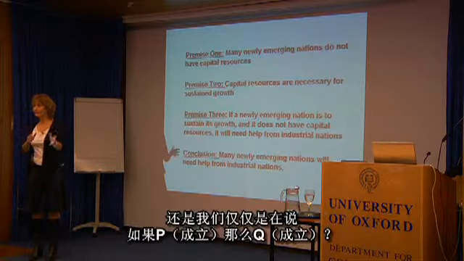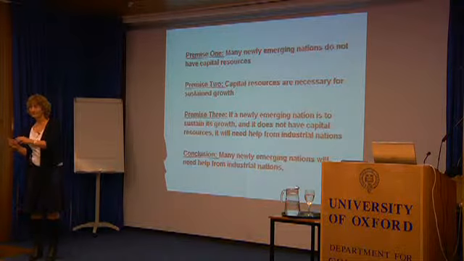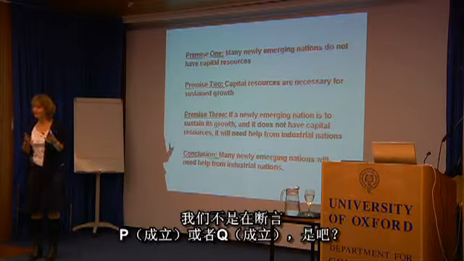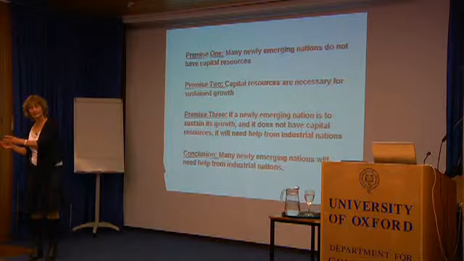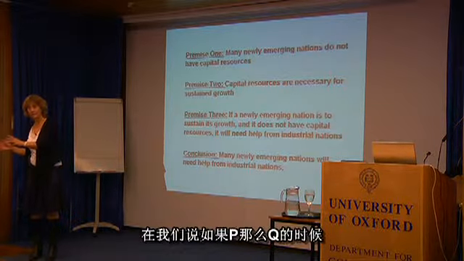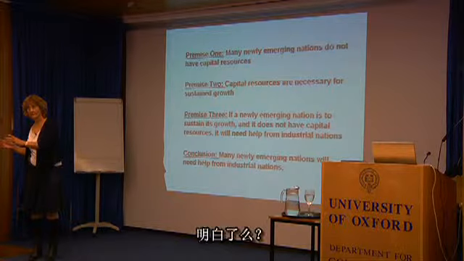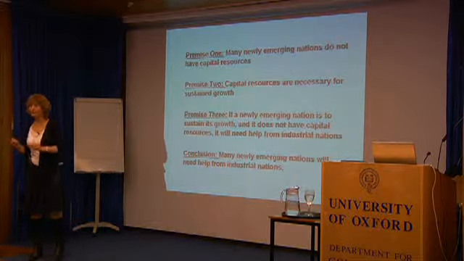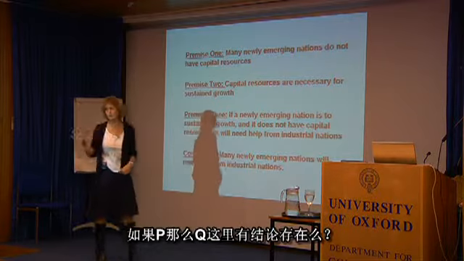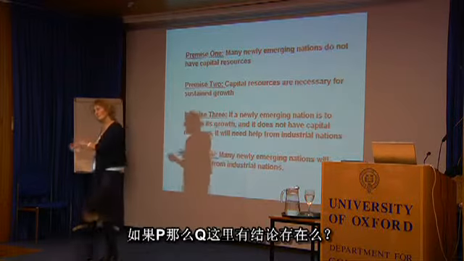Or are we just saying if P then Q? We're not actually claiming that P or Q, are we? If we say if P then Q. Are you with me?